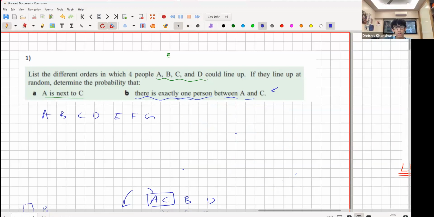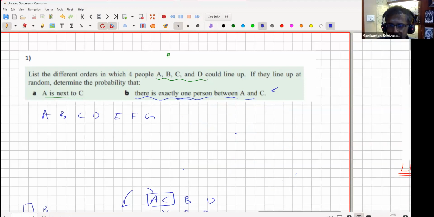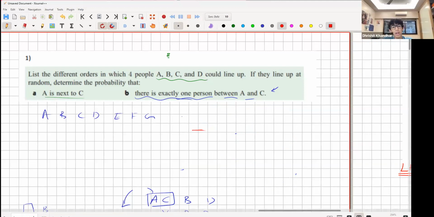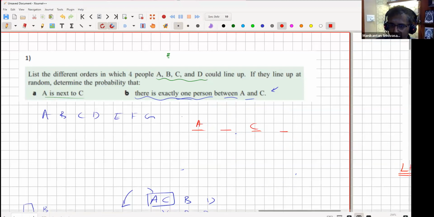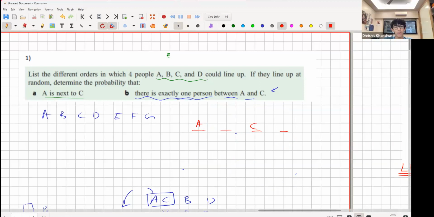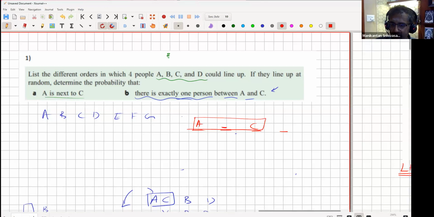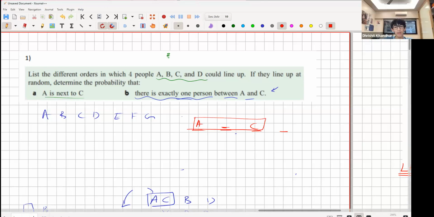I didn't understand how you got 2 into 2 into 1. Okay, so I'll do it again. A and C have to be locked with a gap of one in between, correct? Yes. So you can imagine them in a box with one other empty spot in between. This whole box itself can either be here or here.